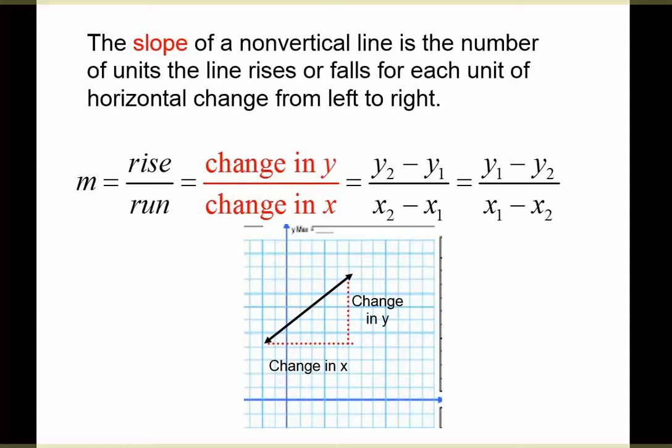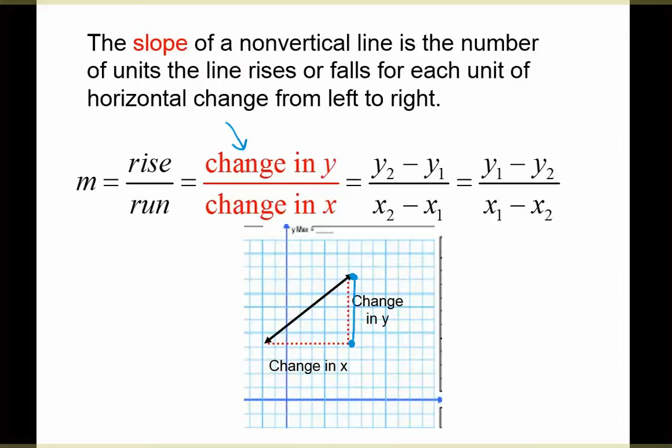What is rise? Well, rise is pretty much the change in the y component. If you look at this picture right here, the rise would be, if I started here and wanted to end here, how much do I change vertically as I move up? So the change in this y all the way up to this y.